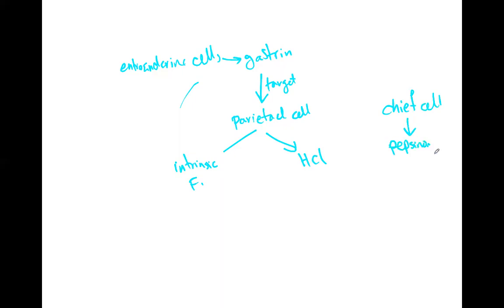Pepsinogen. Now, pepsinogen with the acidic environment created by HCl is going to activate your pepsin. And pepsin is going to help you break down your proteins into amino acids.